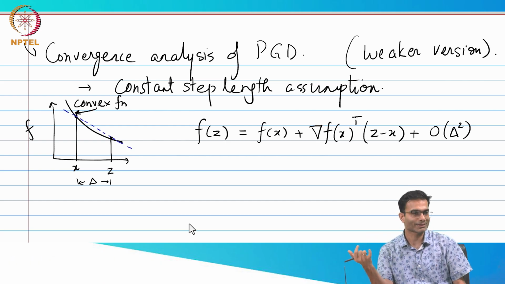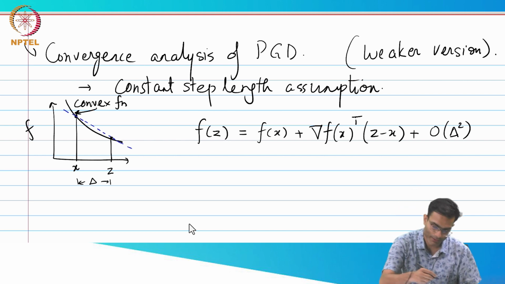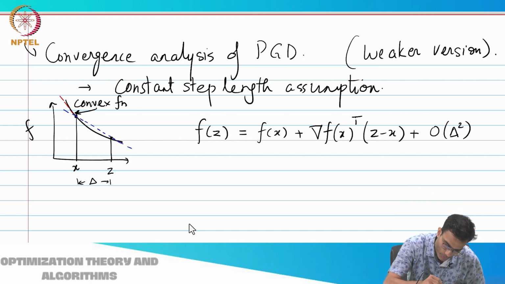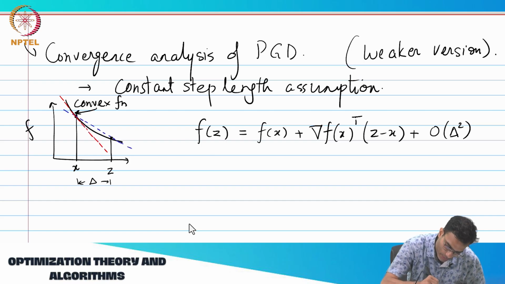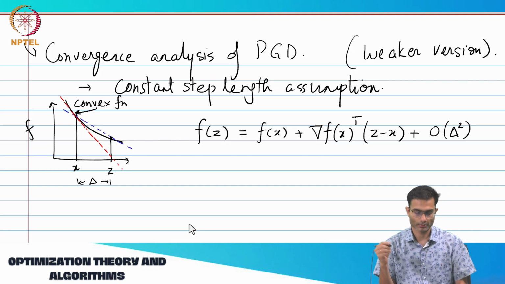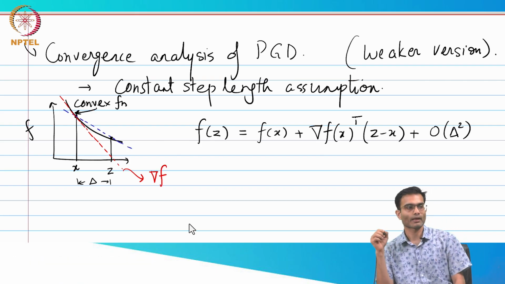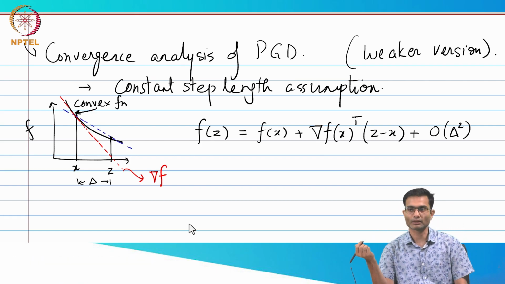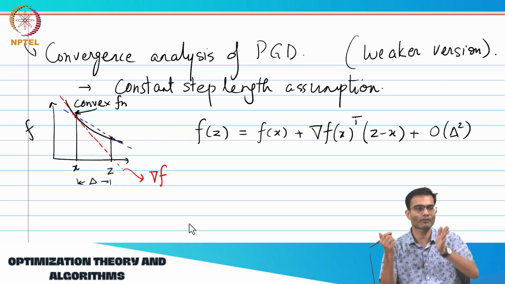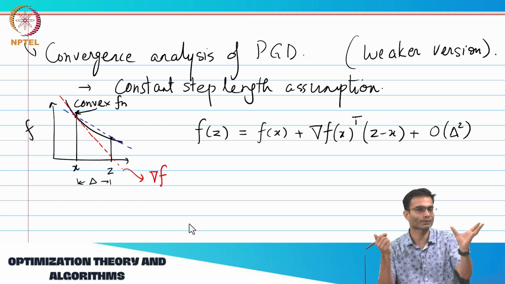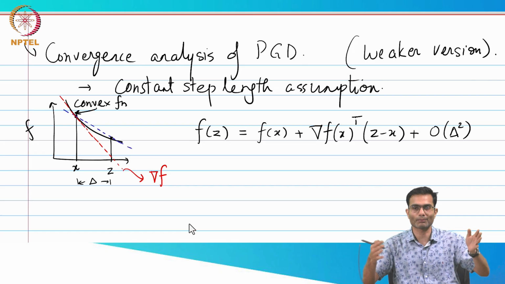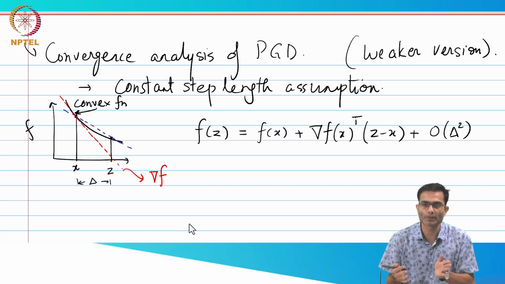Grad f is the tangent, right? So it should be the tangent at which point? At x. So the tangent is going to be like this. And as this is another property of convex functions, will the tangent be above or below the function in the local neighborhood? Below, because it's like an upward opening cup. So the tangent is always going to be below.